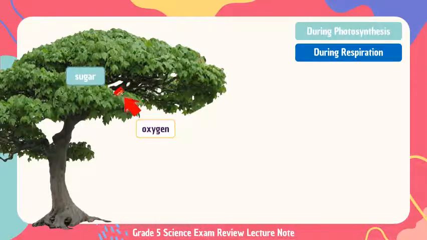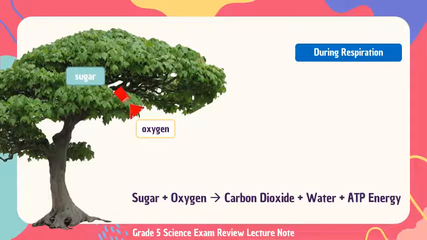This oxygen is used with the sugar to produce the ATP energy needed by the plant to perform different activities, to grow taller, to make fruits, to absorb water.